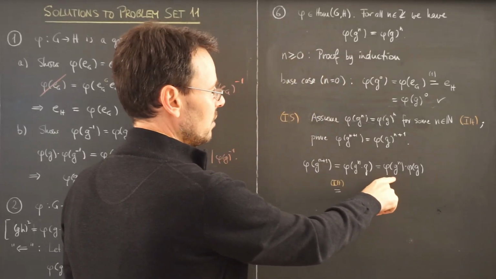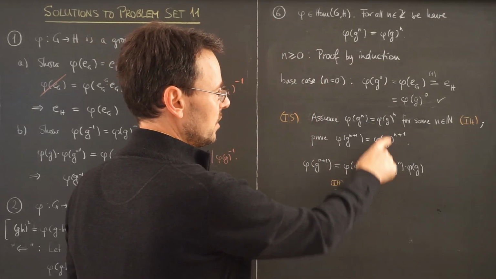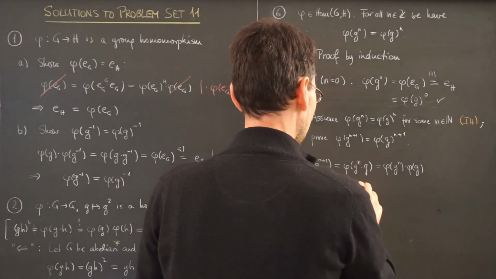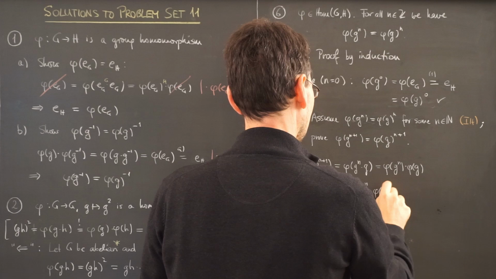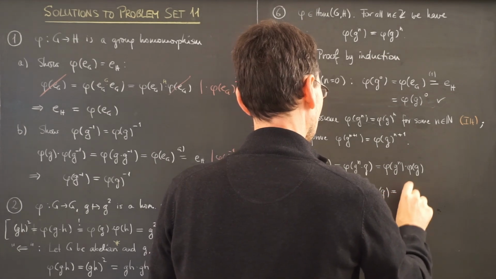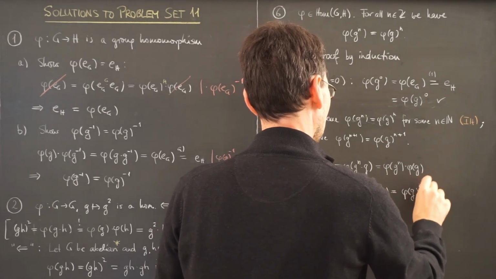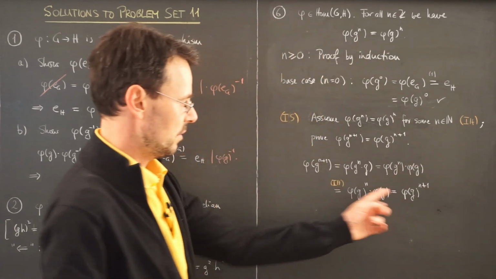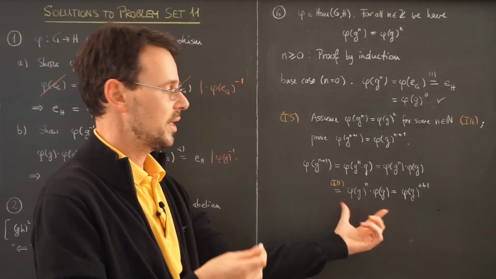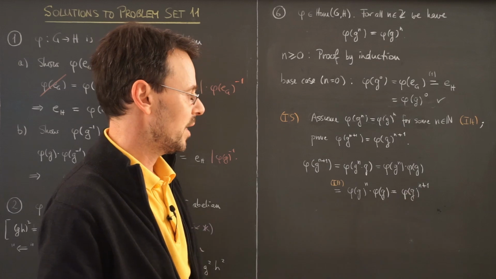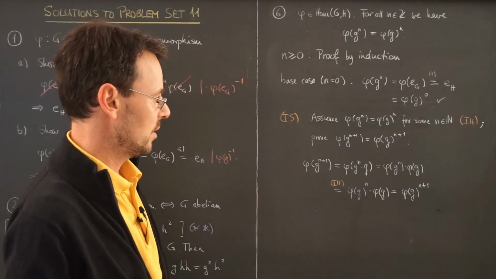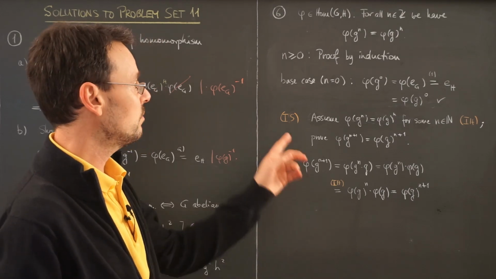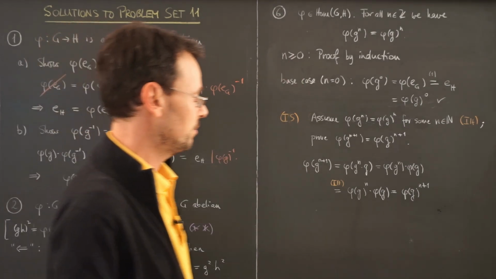Now, by the inductive hypothesis, we know that this here is the same as phi applied to g to the power of n. But this expression here, by the power law in H, is the same as phi applied to g to the n plus first power. And this finishes our inductive proof for this case here.